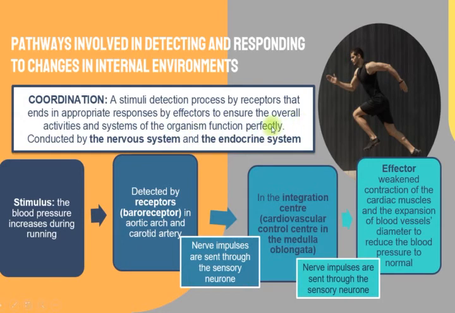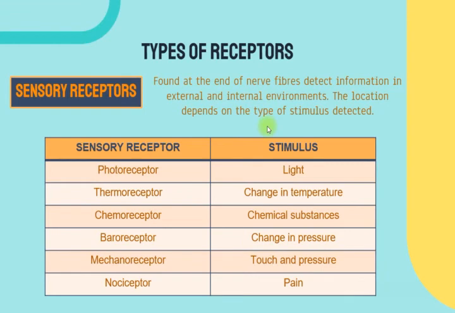Human coordination, or body coordination, is conducted by the nervous system and also the endocrine system. So that is coordination and response.